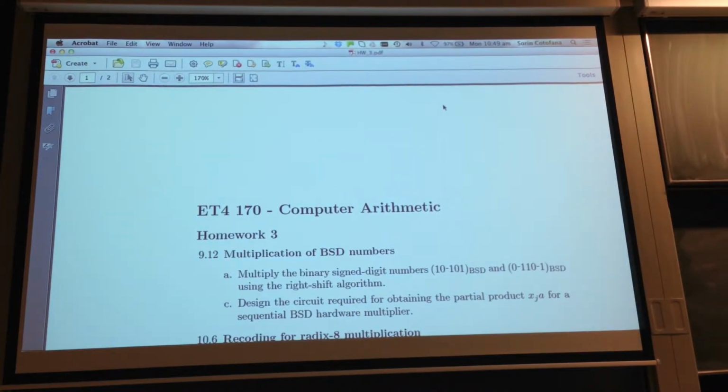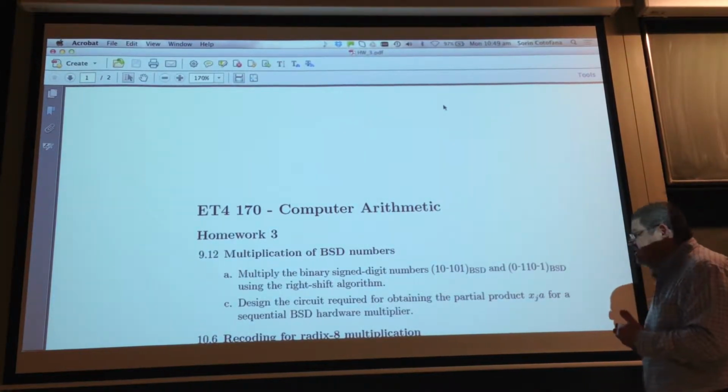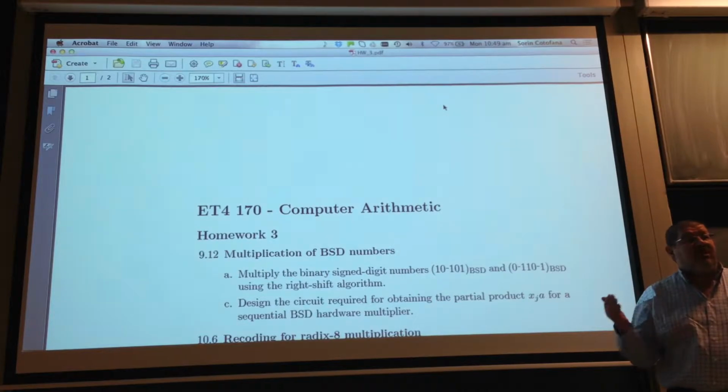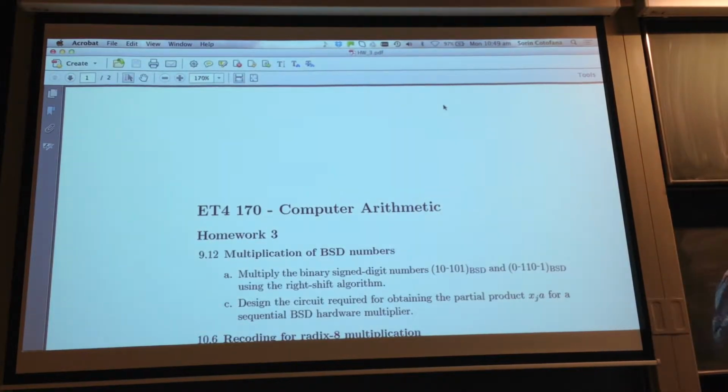Okay, now this was about multiplication, and the first question was how to do binary sign digit multiplication. And we had an example, then how to do that using right shift. When we deal with normal binary, the generation of the partial products is just an AND gate.